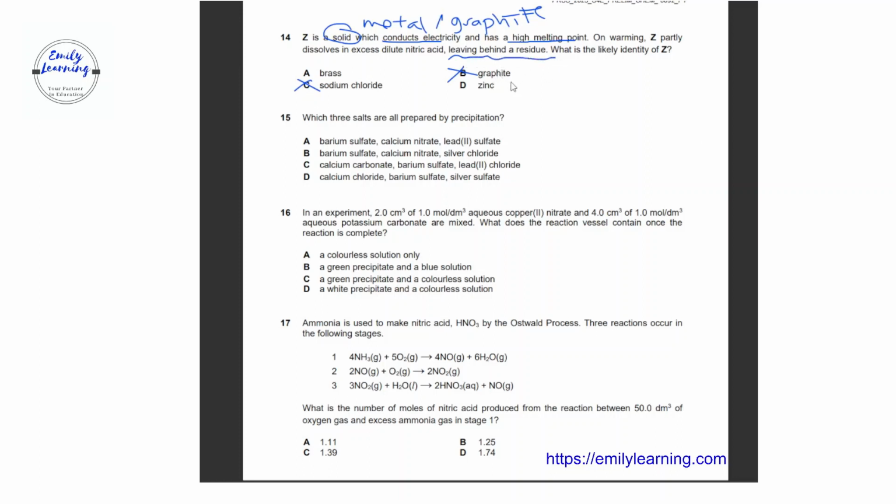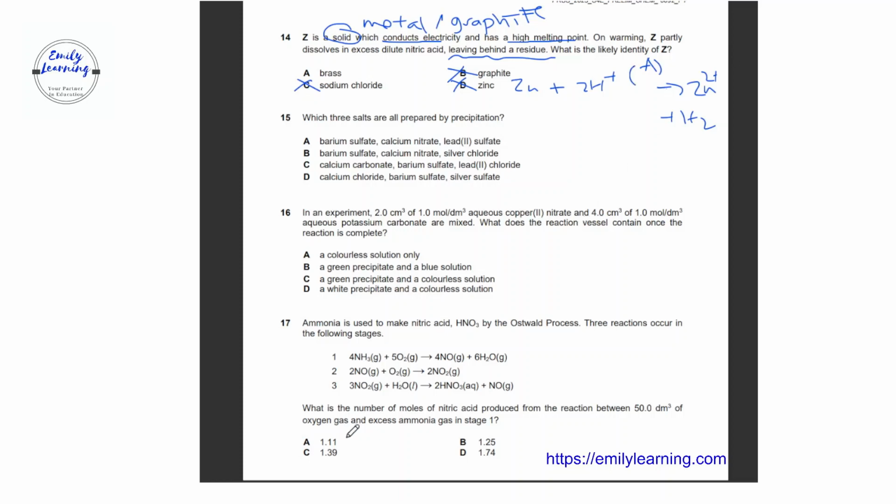We know zinc will react with acid. It will form a zinc salt and hydrogen gas is produced. So all the zinc will go into the solution. It will not give any residue. So D is not the answer, and based on this, the answer is going to be A.